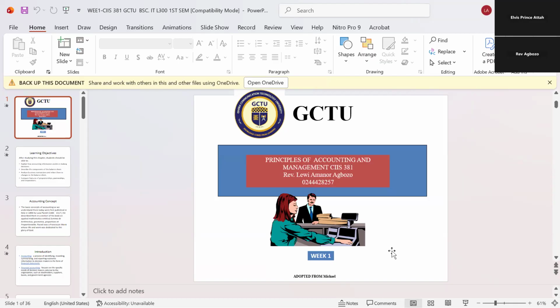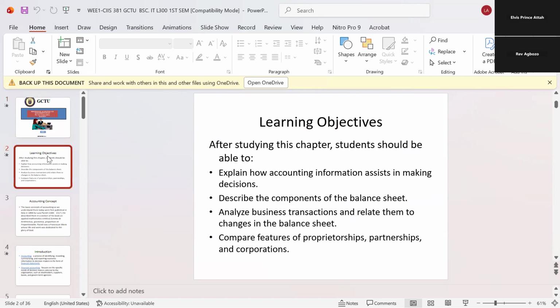And by way of introduction, we will be looking at some basic things in accounting. The intention of this course is to equip you with an accounting background so that you'll be able to navigate the issues even though you are an IT student.